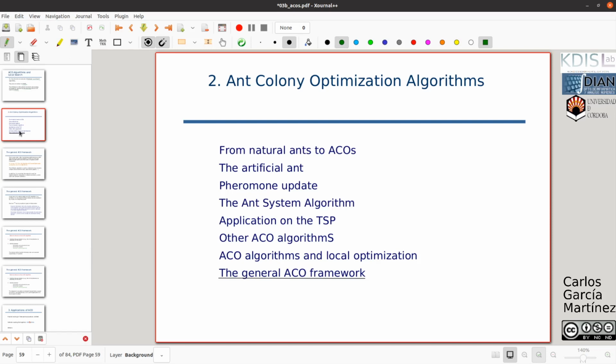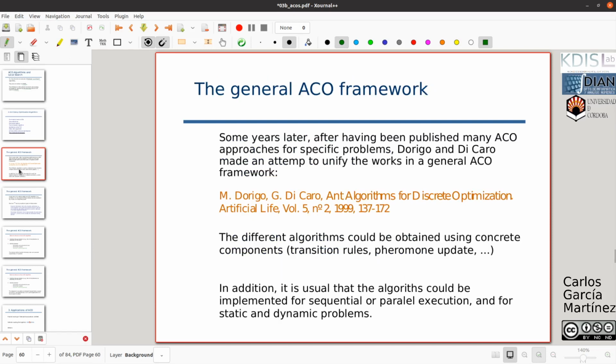Well, so the general ant colony optimization framework. The fact is that after the initial proposals of ant colony optimization, there were different researchers applying ant colony optimization to other problems, not just the traveling salesman problem, other combinatorial problems.